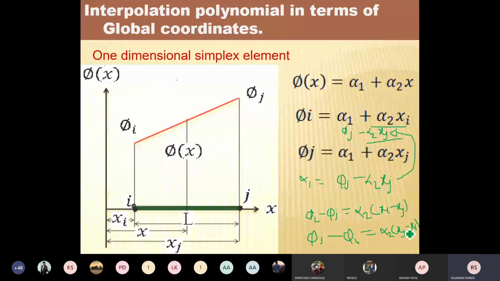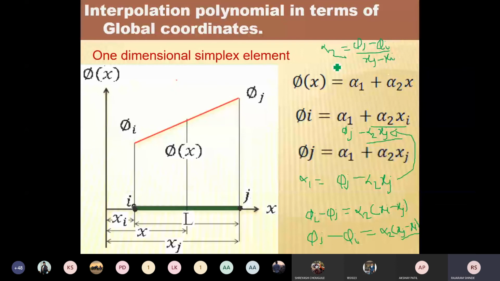Now you divide by this term on this side, and you will get alpha 2 equal to phi j minus phi i divided by xj minus xi. It is your alpha 2.